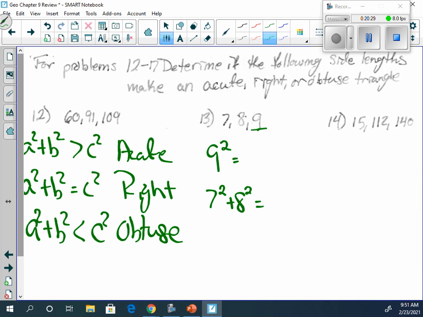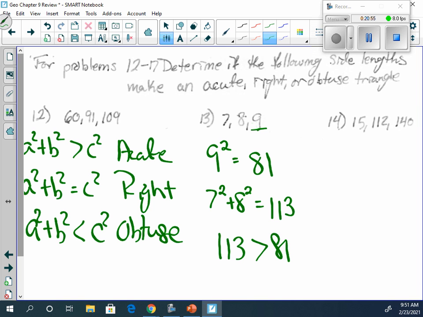And again, we do this individually so that we can compare how 9 squared and 7 squared plus 8 squared relate. Now 9 squared, we can plug into the calculator and we would get 81. Then we can also plug 7 squared plus 8 squared in the calculator and we get 113. Well, 113 is going to be greater than 81.